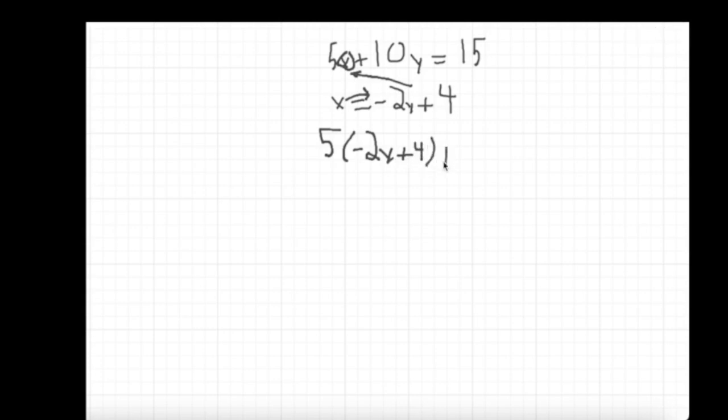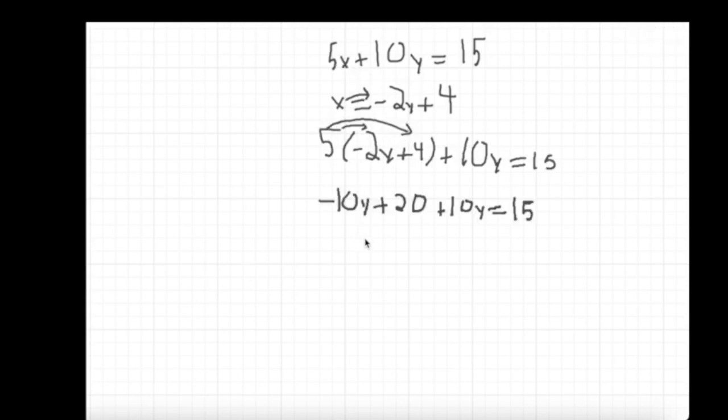And through this, we are able to simplify the equation and give it one variable, which makes it way easier to solve. Now, we will use the distributive property in order to get rid of these parentheses and give us the full equation.